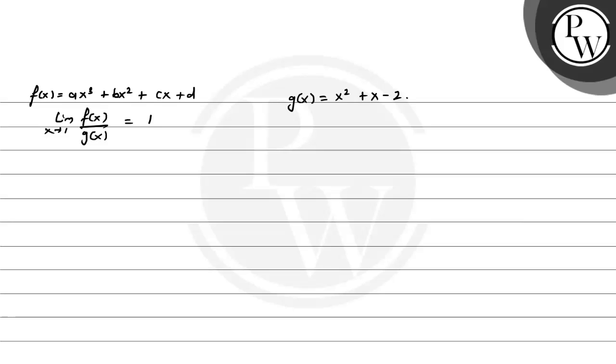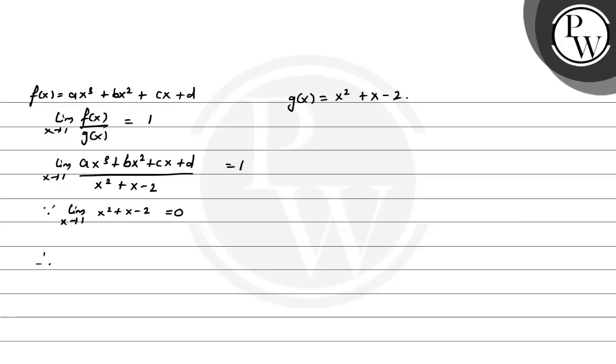Let's substitute the values of f(x) and g(x). So we have limit x tends to 1, ax cubed plus bx squared plus cx plus d divided by x squared plus x minus 2 is equal to 1. Now if you look, limit x tends to 1, x squared plus x minus 2 is equal to 0. So therefore the denominator is going to 0.